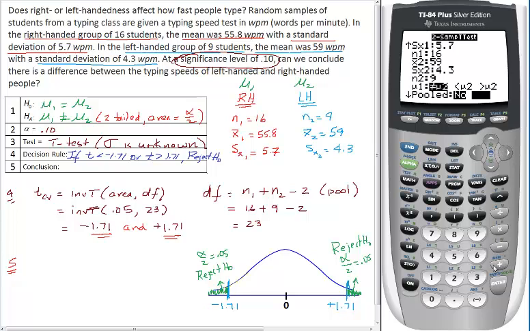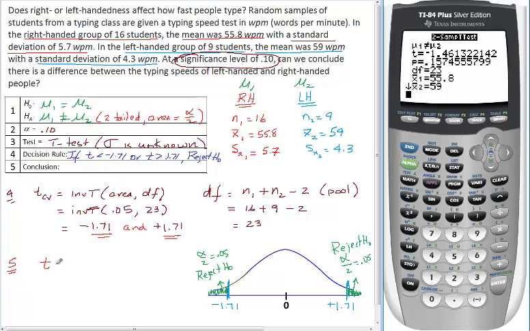So we're going to say yes to pool, because we're assuming the standard deviations of the populations are the same. So enter for yes, and then of course calculate. Alright, so we get a t-value of negative 1.46.